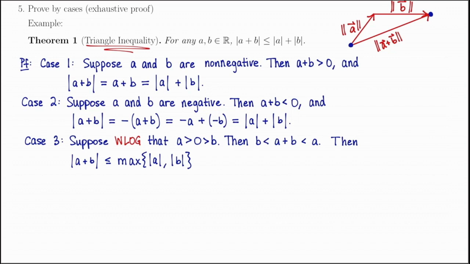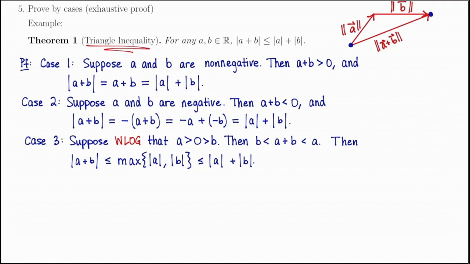In fact, it could be both, but it's less than or equal to at least one of those two. Both of those numbers are positive numbers, so if you take the absolute value of a and add to it the absolute value of b, you're going to increase the size. Ditto if you take the absolute value of b and add to it the absolute value of a. So whichever one of those two is maximal is less than or equal to the sum of both of them together, and that's our desired inequality.